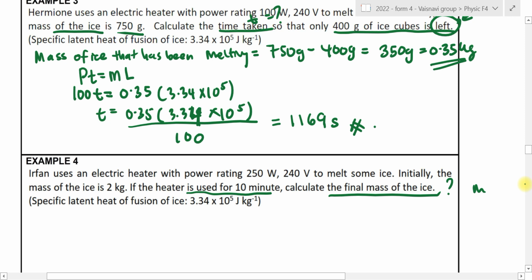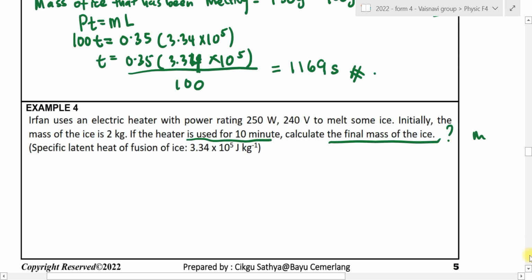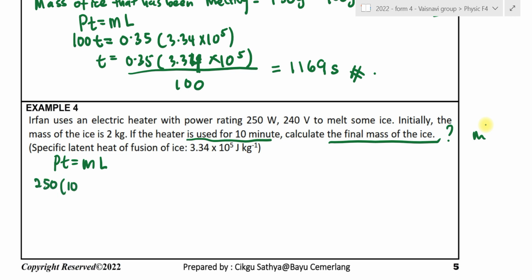Okay? Right. So, yang ni kena careful buat soalan macam ini. They asked for the final mass of the ice, not the ice that has been melted. So, Pt equal to ml. So, 250 times 10 minutes, you kena darab 60 lah.